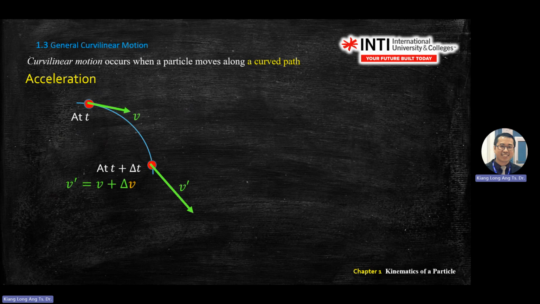So I can build a triangle by V prime equal to V plus delta V. That means you pull V prime over here, and I pull this one and put it at the tail here, combining the two vectors together.